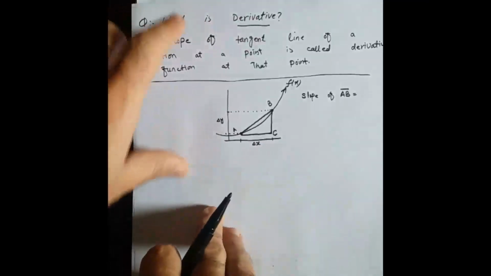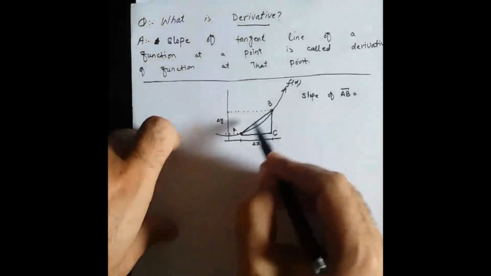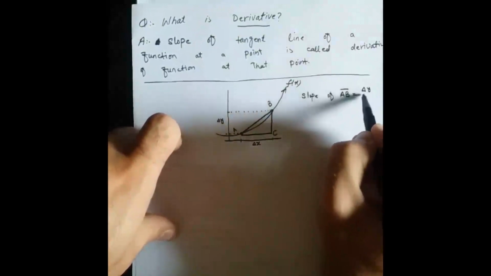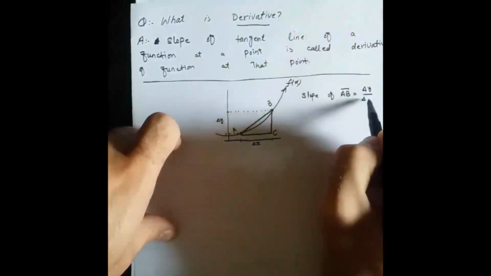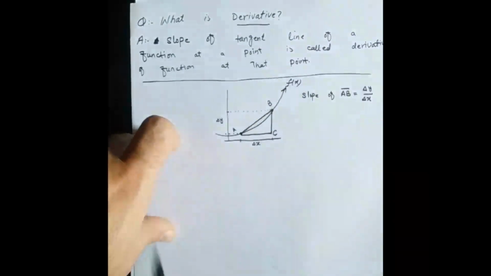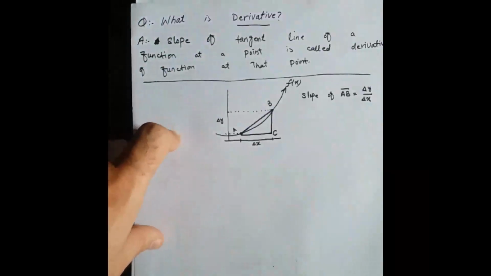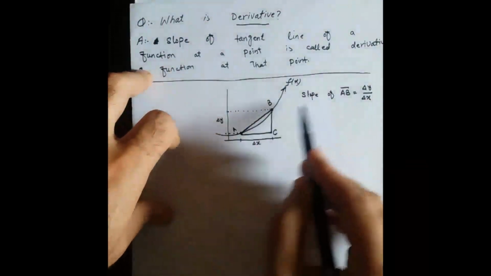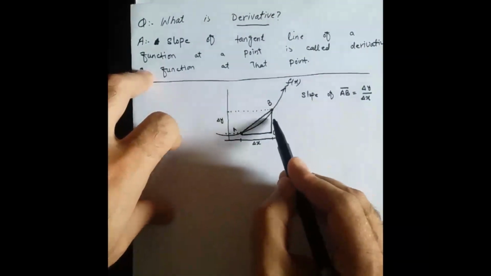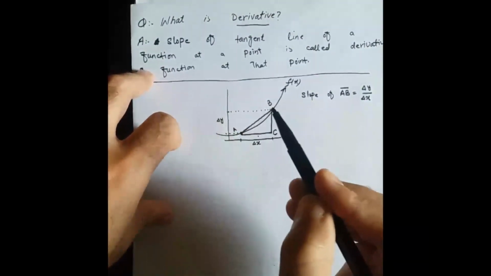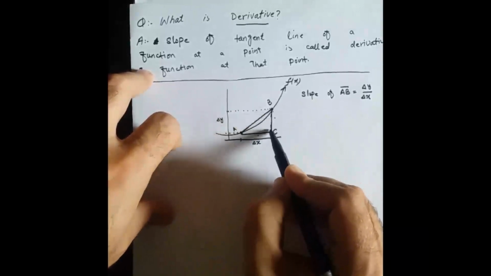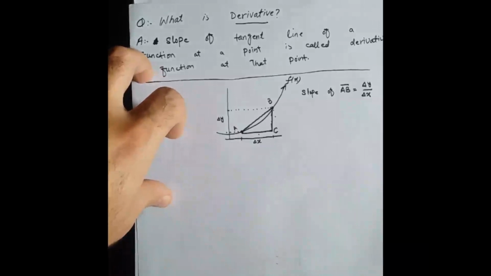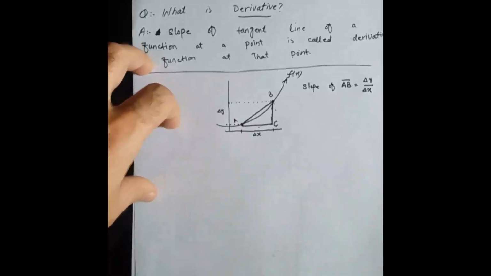So the slope of AB is delta y over delta x, as the definition of slope is the ratio of rise to the run. This is delta y and this is delta x. Slope of AB is delta y over delta x.